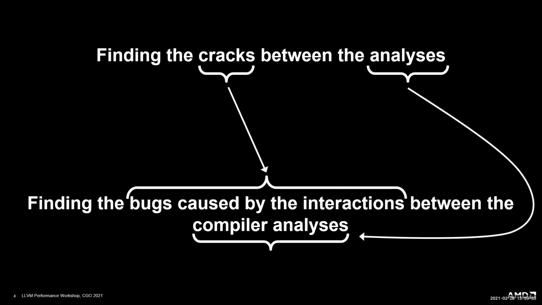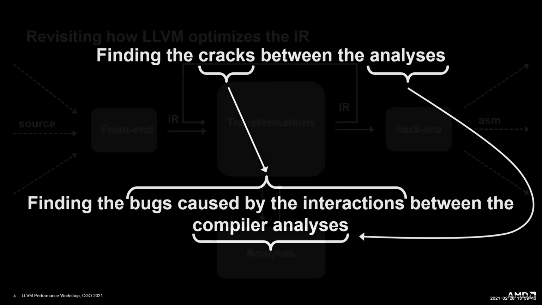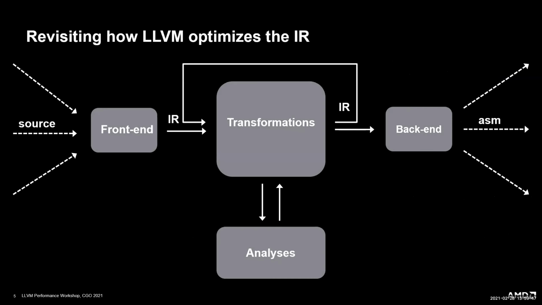Let us quickly revisit how LLVM generates and optimizes its IR and the way it generates assembly from its IR. This is an abstracted bird's eye view of LLVM. The source is translated into the IR by the front end.